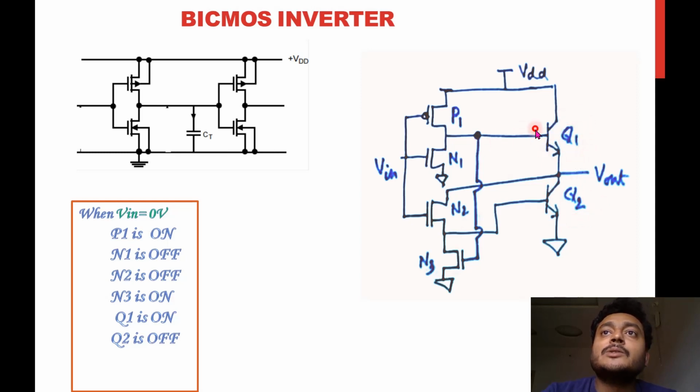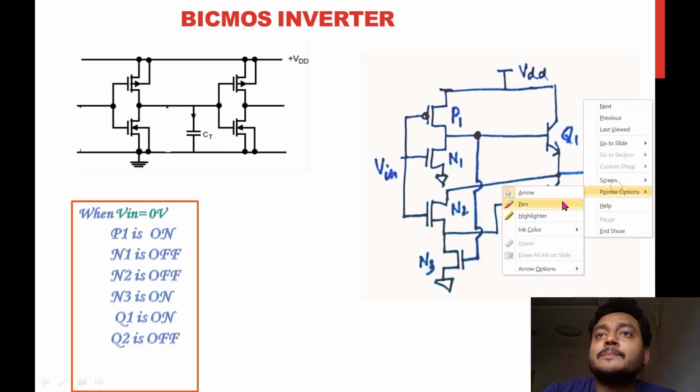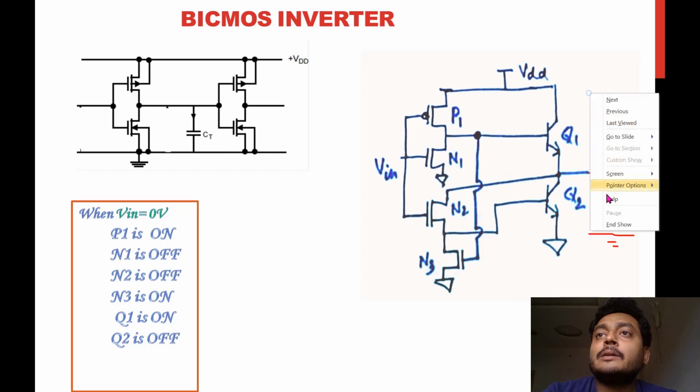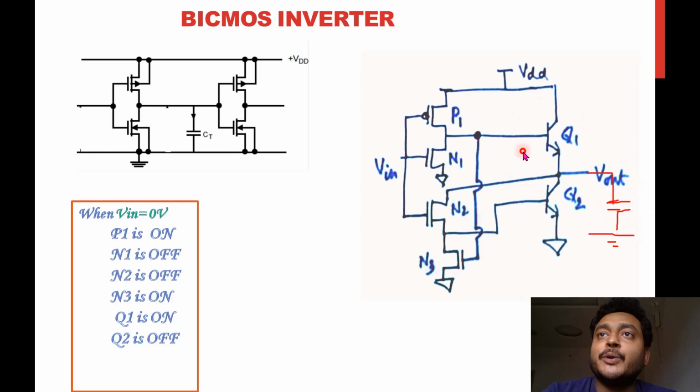In this case you're going to get some base current here. Since Q1 is on, here we will have something like a load capacitance. This load capacitance will be charged through Q1.